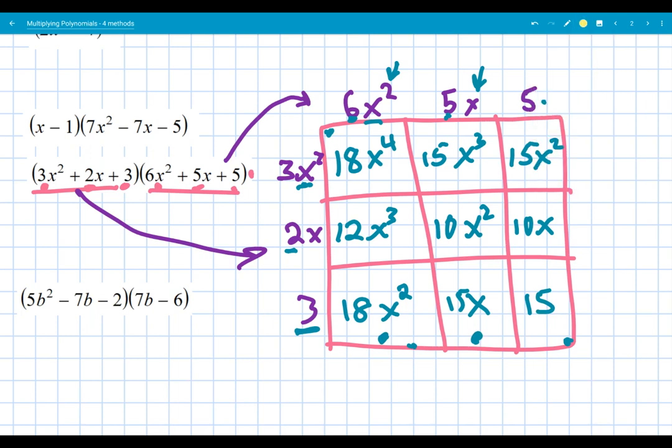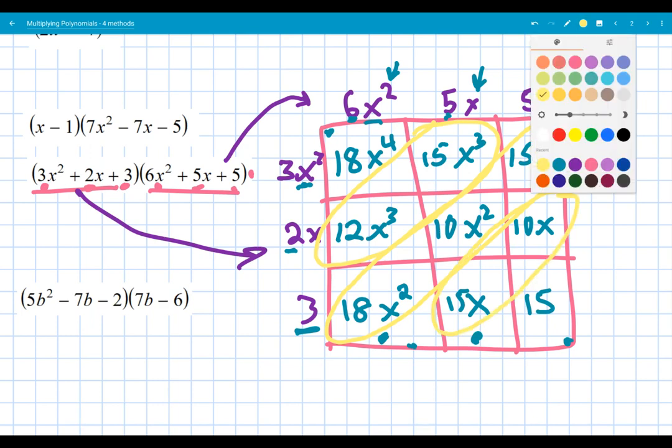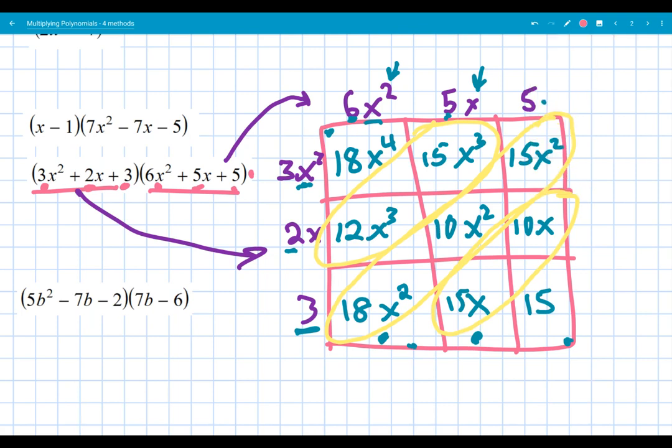Okay, we talked about how diagonals are usually like terms. Let's look. X cubes, yes. X squares are all x squares. X to the 1st powers, yes. Those are my diagonals. I can write my answer. The first one, 18x to the 4th. The second, going from highest power to lowest power, like we've been studying, 12x cubed plus 15x cubed is 27x cubed, and that's a plus sign.